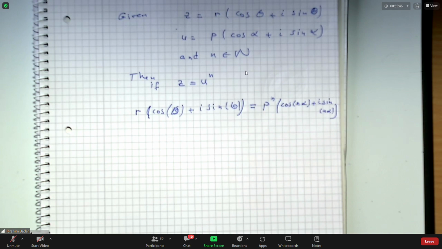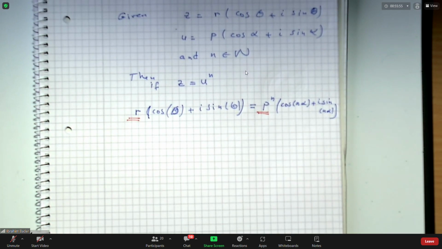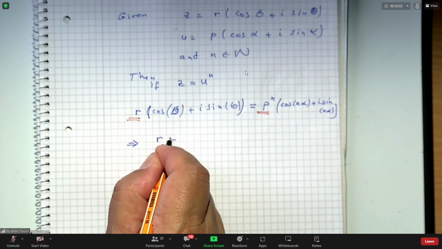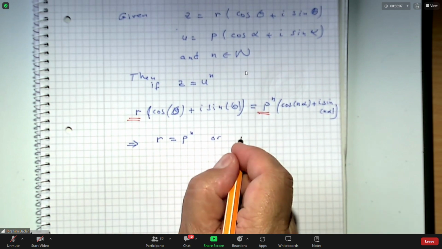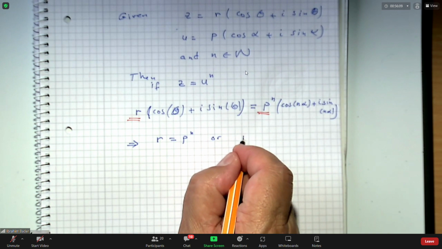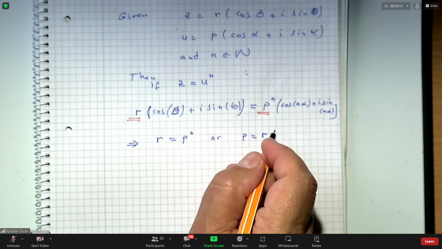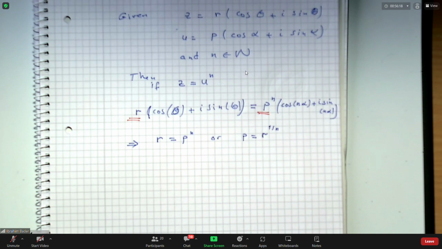Now, two numbers in polar form are equal if and only if the magnitudes are equal and the angles are equal. So from this equation, it follows that, as expected, r equals p to the power n, or equivalently, p is equal to the nth root of r, r to the power 1 over n.